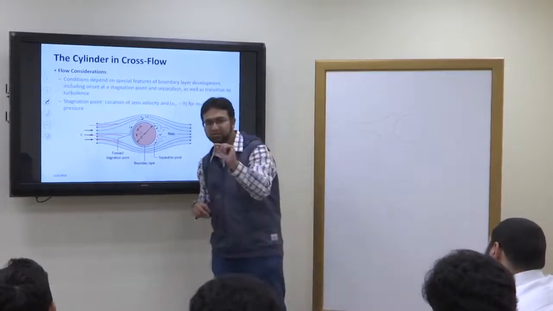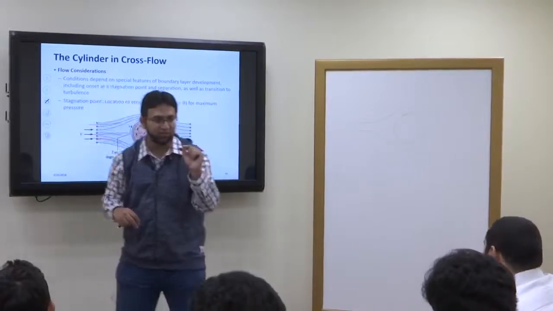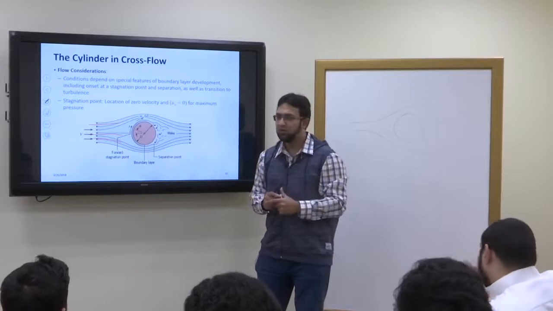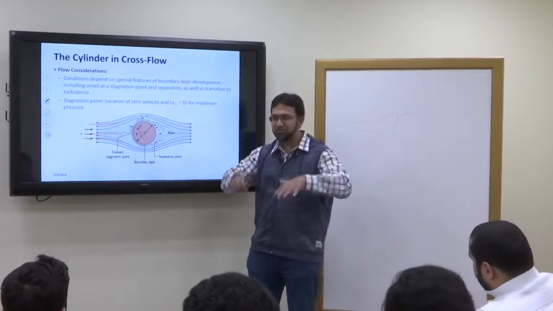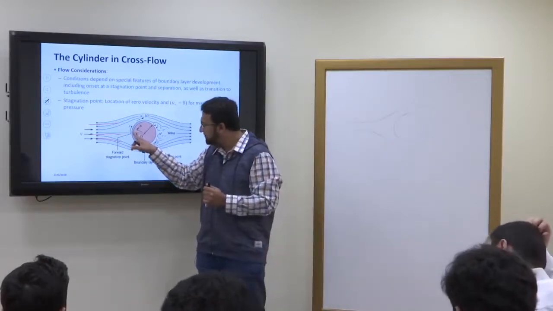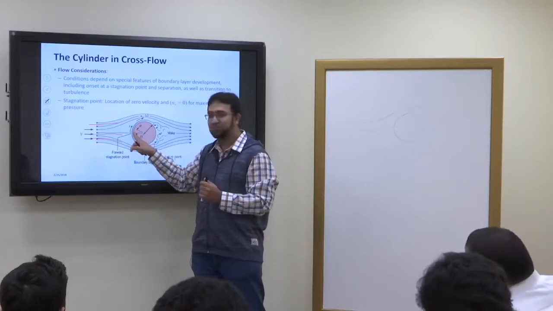I don't know if you have studied this in your fluid mechanics yet or not, but the stagnation point is a very important point. Stagnation comes from the word stagnant, an English word. Stagnant means stationary. So this is the point where the fluid is stationary. Velocity is 0, but the pressure is maximum.